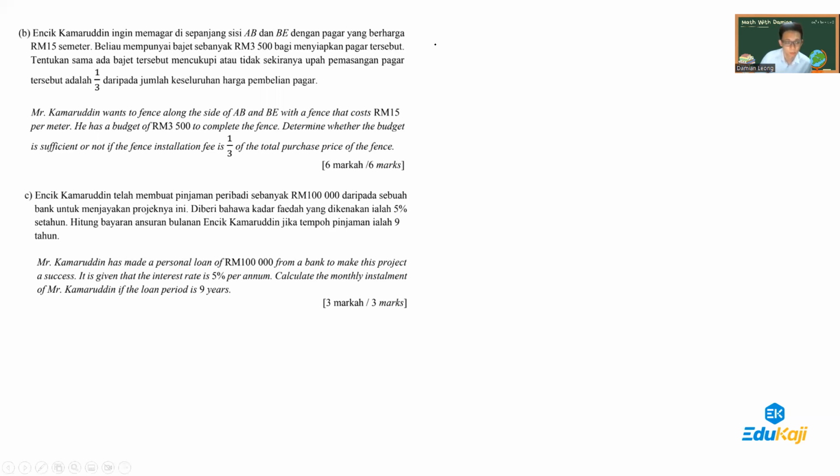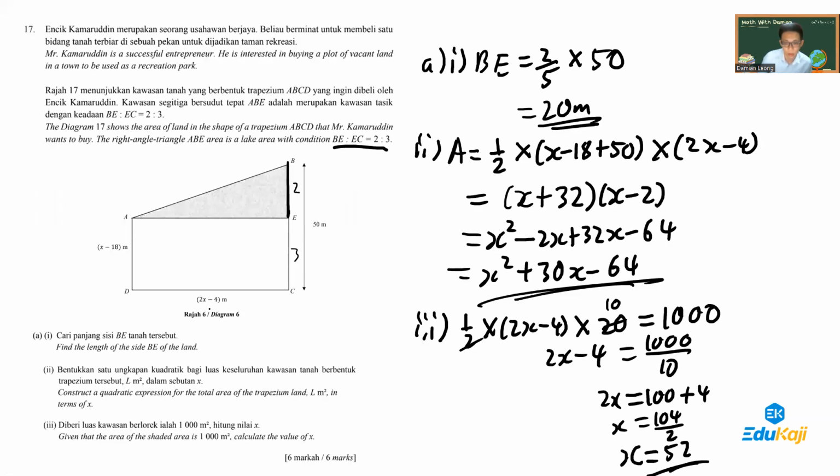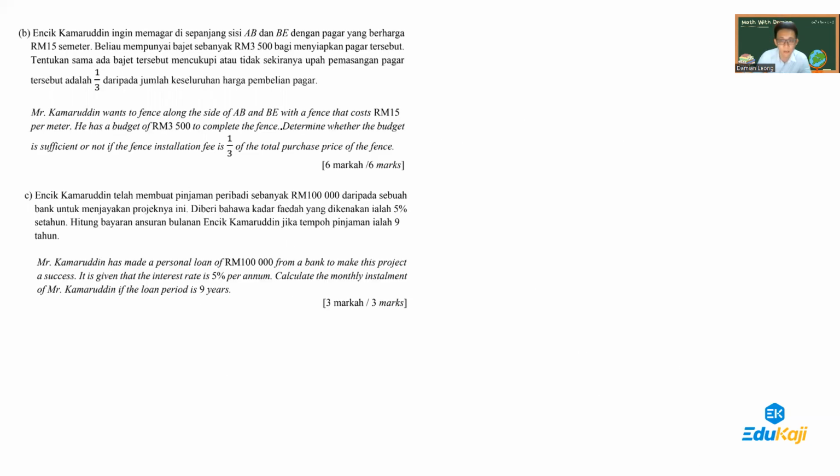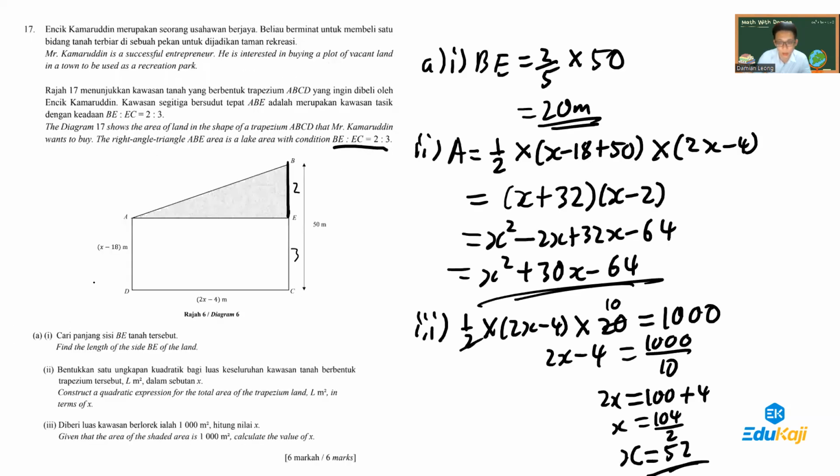So first, I need to find the parameter. So I already know X is 52. So I need to find AB first. I'm missing AB. So I need to use Pythagoras theorem.